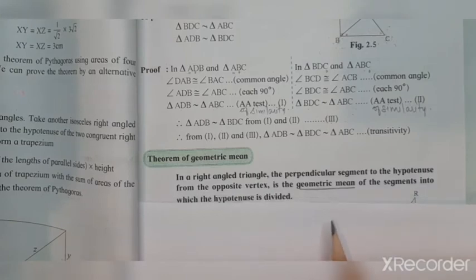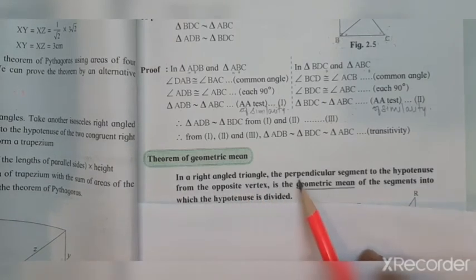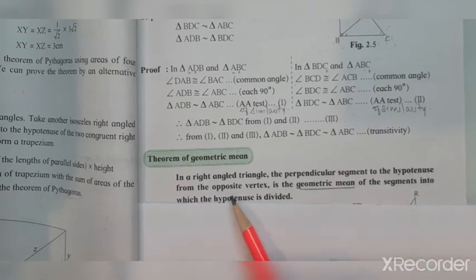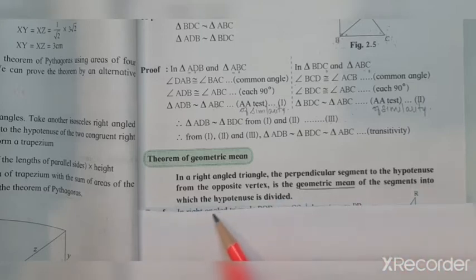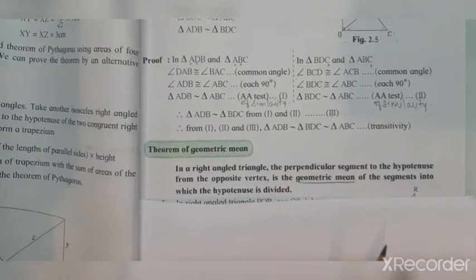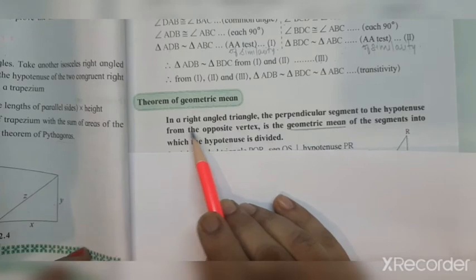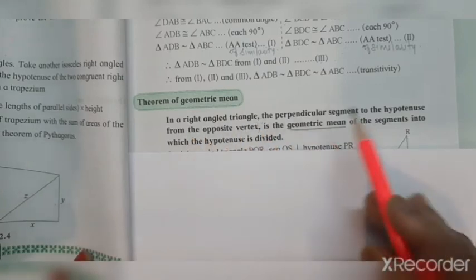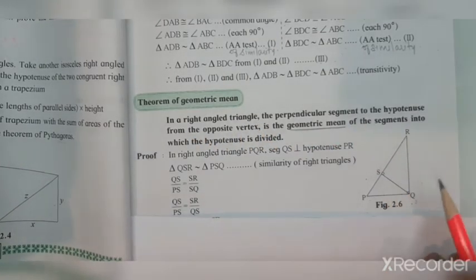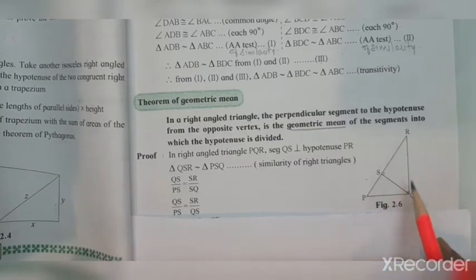The statement says, in a right angle triangle, the perpendicular segment to the hypotenuse from the opposite vertex is the geometric mean of the segments into which the hypotenuse is divided. So first we will understand the meaning of this statement. The statement right in the beginning, in a right angle triangle. So we need a right angle triangle. Here the right angle triangle is PQR.